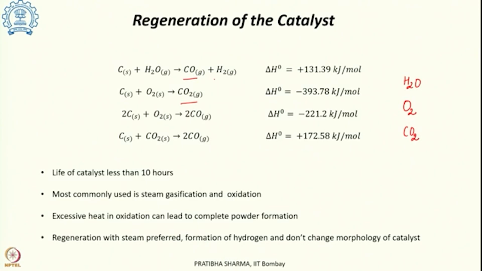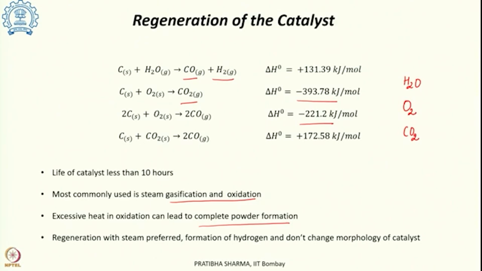With steam, it also results in an additional product which is hydrogen. So, the most commonly used methods for regeneration are gasification as well as oxidation. But when it is oxidation, we can see that this is an exothermic reaction, and if excessive heat is produced, it can lead to sintering of the catalyst, and at times it can lead to complete powder formation.